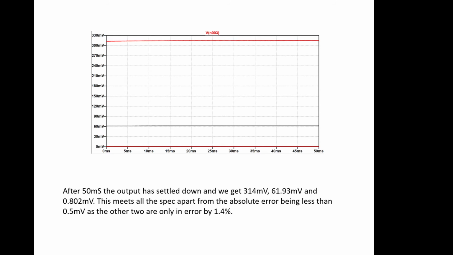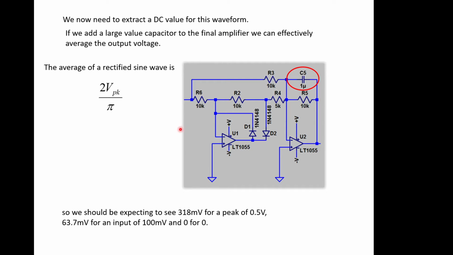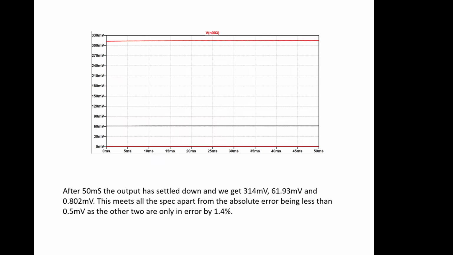So if we simulate that circuit here with our waveform coming in, so we're just doing these bits at a time, we would see that what we actually get for the three cases is 314 millivolts if you measured this accurately. And remember, we were looking for 318, so we're 4 millivolts off, so it's not bad. 61.93 millivolts for the other one.